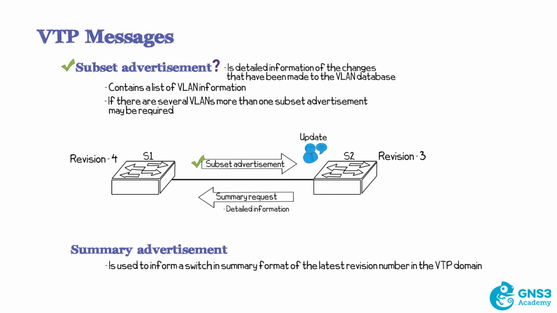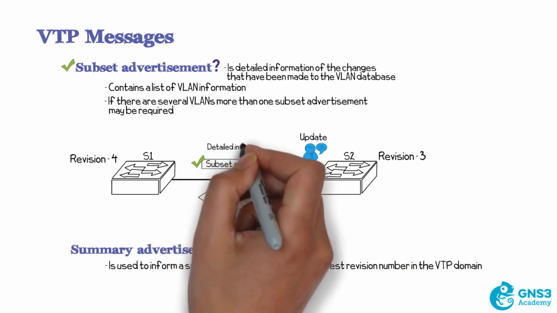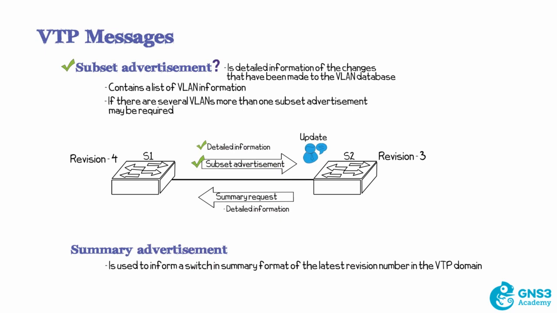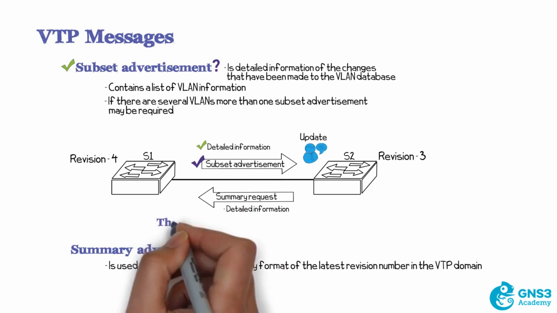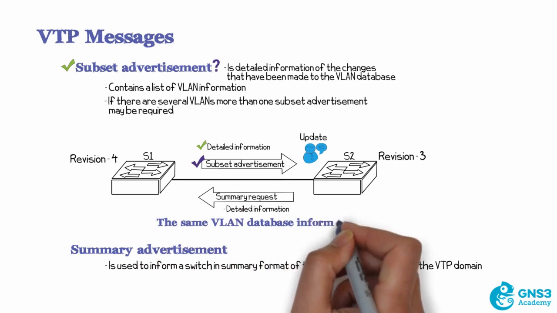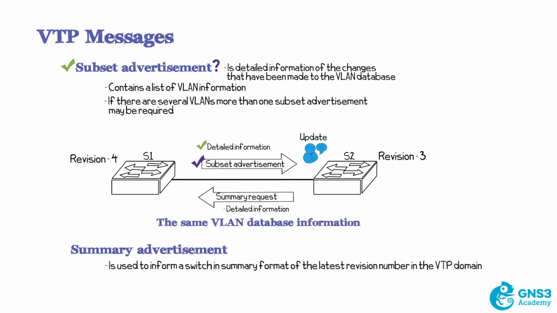If the local switch sees that it's out of date, it will then request detailed information from the switch with the latest revision number so that the local switch can synchronize its database to that switch. It does that with an advertisement request, and the switch is updated using subset advertisements. The result is that switches end up having the same VLAN database information if they are in the same VTP domain. And if a password was configured, those switches would need to have the same password configured.